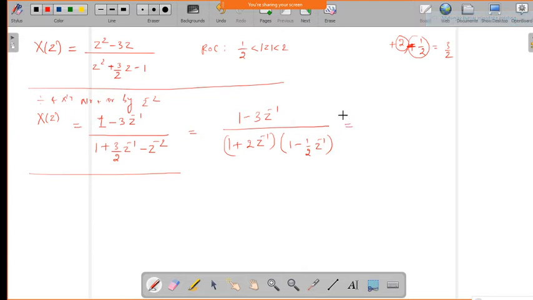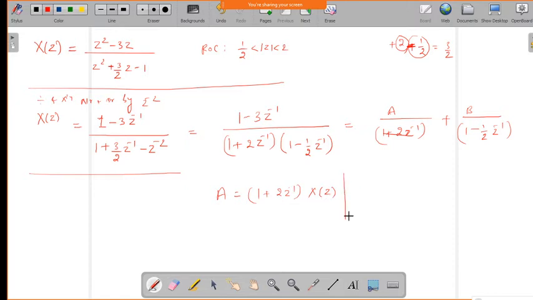How can we find it? We write this as a by 1 plus 2 z inverse plus b by 1 minus half into z inverse. Now how to find a? a equals 1 plus 2 z inverse into X of z, evaluated at z equal to minus 2.